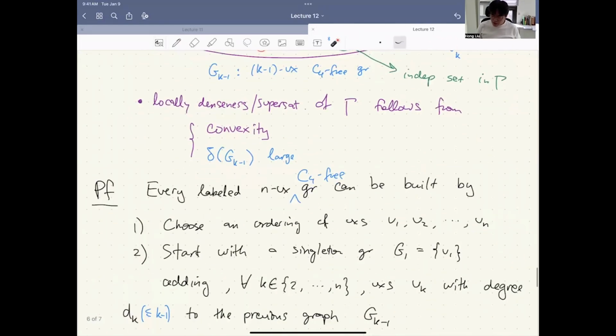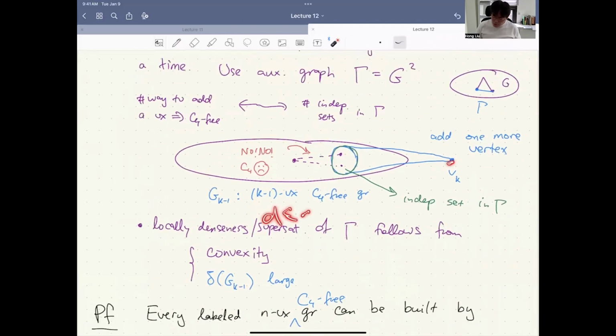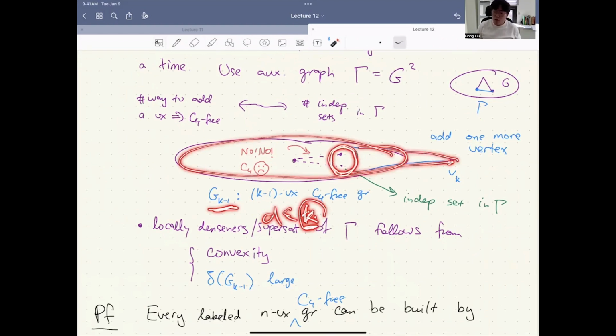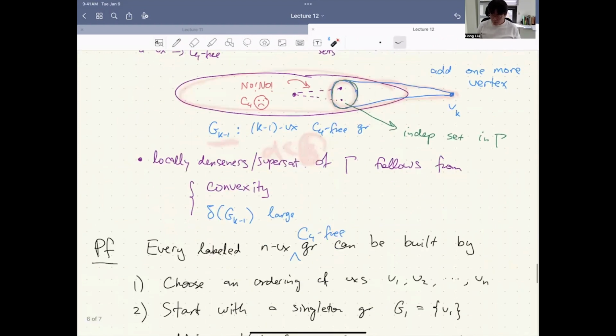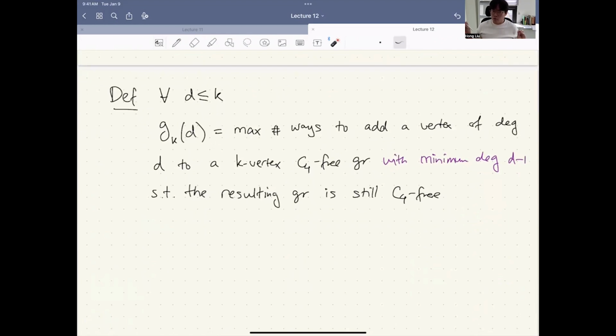The only thing I didn't explain is we know this vertex is at most k or k minus 1, but k minus 1 is not a good bound. It's still large. We want to make the number of neighbors we have to add as small as we can. And this can be achieved by a clever choice of ordering of V1 to Vn.